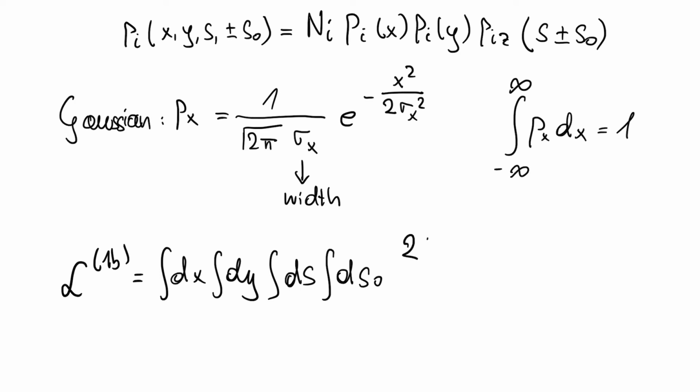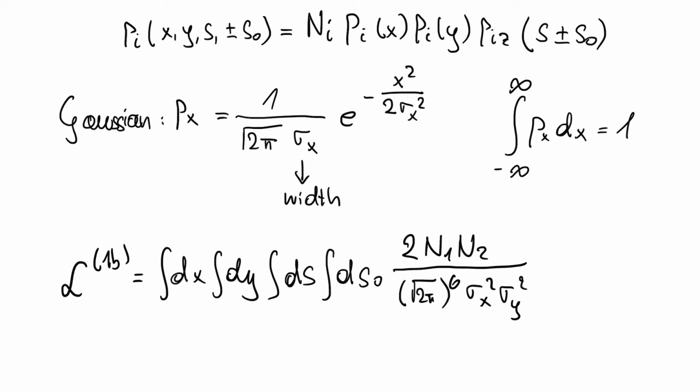So all we need to do is take the 4 integrals and insert. We get the factor of 2 from the relative velocity, the product of the 2 particle numbers per bunch, n1 and n2, and 6 powers of square root of 2 pi in the denominator, and sigma x squared, sigma y squared, sigma z squared in the denominator from the normalization of the integral.